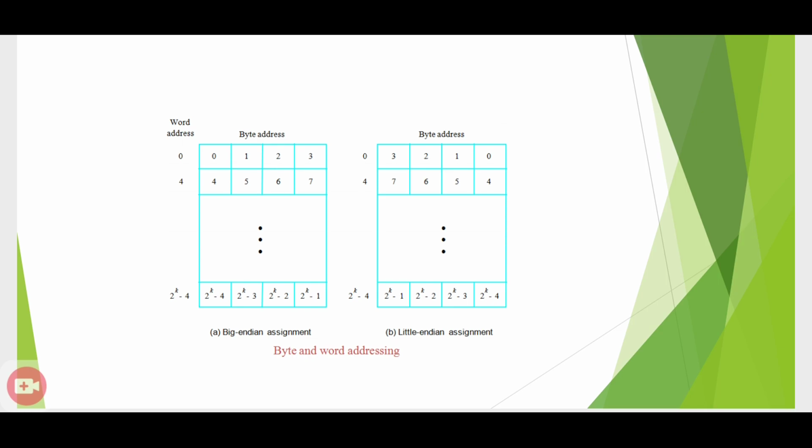That is big endian assignment. If lower byte addresses are placed in the least significant position, then it is known as little endian assignment.